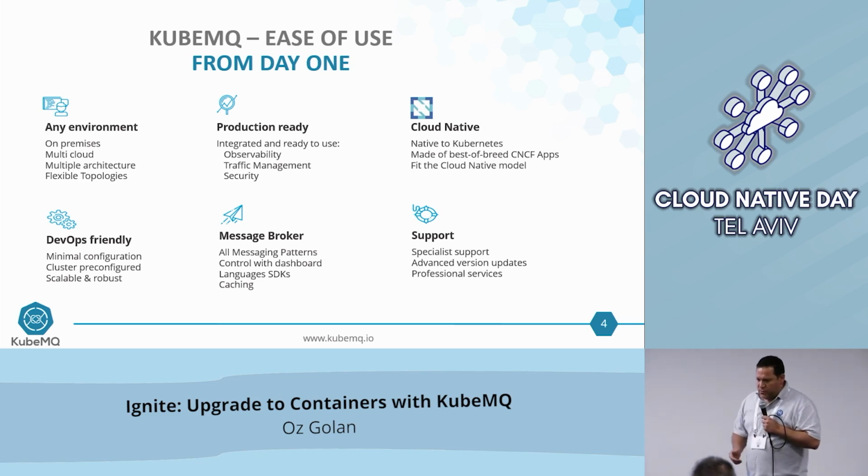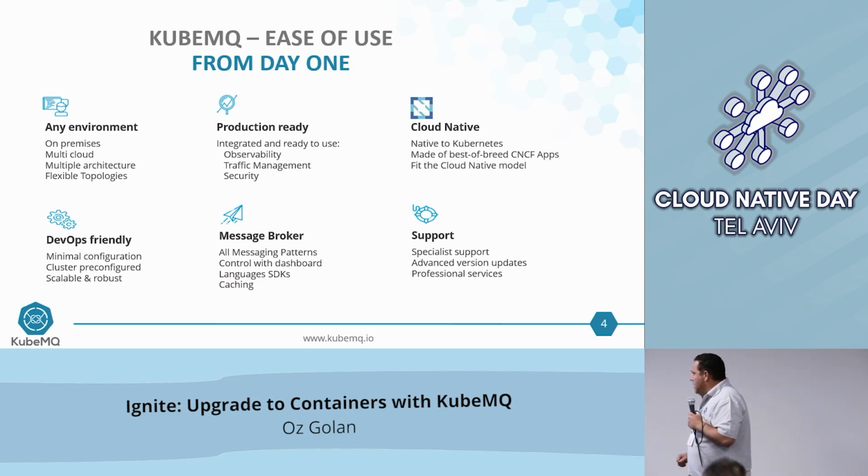Unlike other messaging systems, your DevOps don't need to predefine exchanges and other information that used to be needed to define. It's on the go. The developers are doing everything from their side. It's cluster ready. Only a few parameters need to be defined in order to start in production.